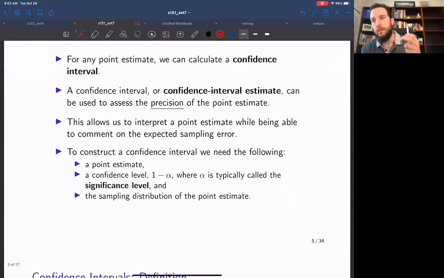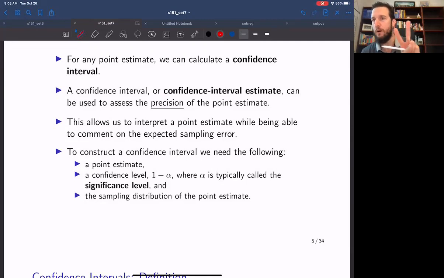Okay, so again, for any point estimate, we can build a confidence interval. The reason that we build confidence intervals is because the estimate on its own doesn't really give us a lot of insight into where the population mean could actually be located. So we know that the smaller the sample we collect, the bigger the sampling error we will expect. So the more information we have, the better. What the confidence interval does is it basically gives us a range.